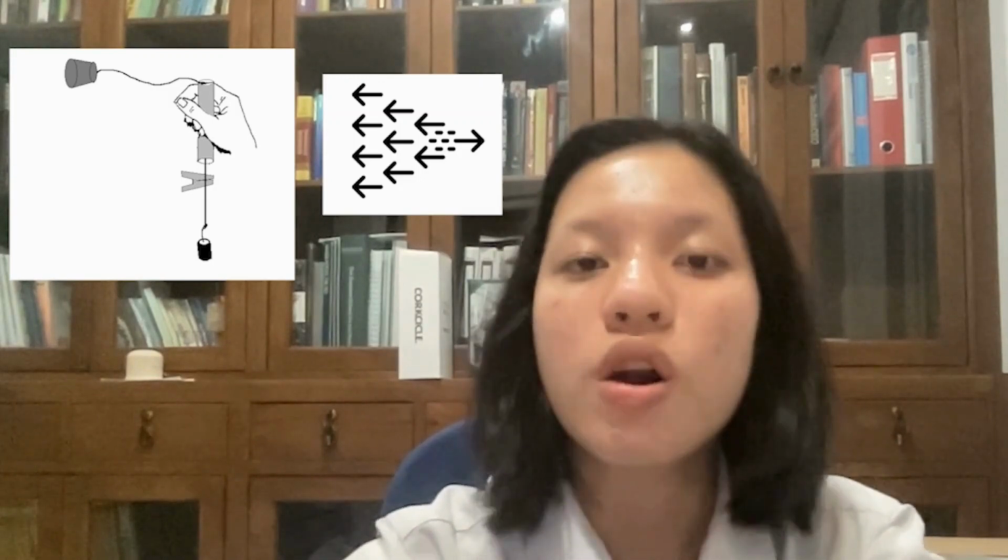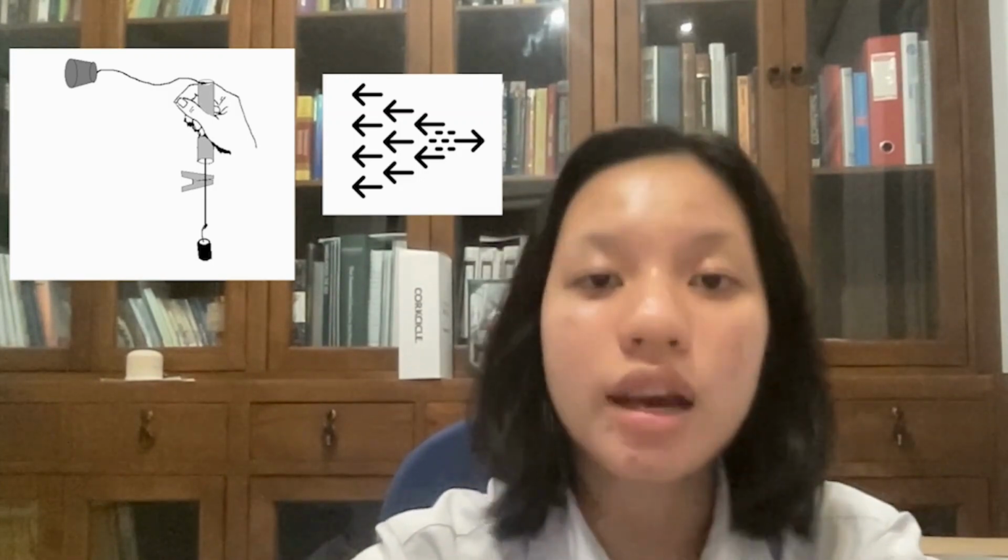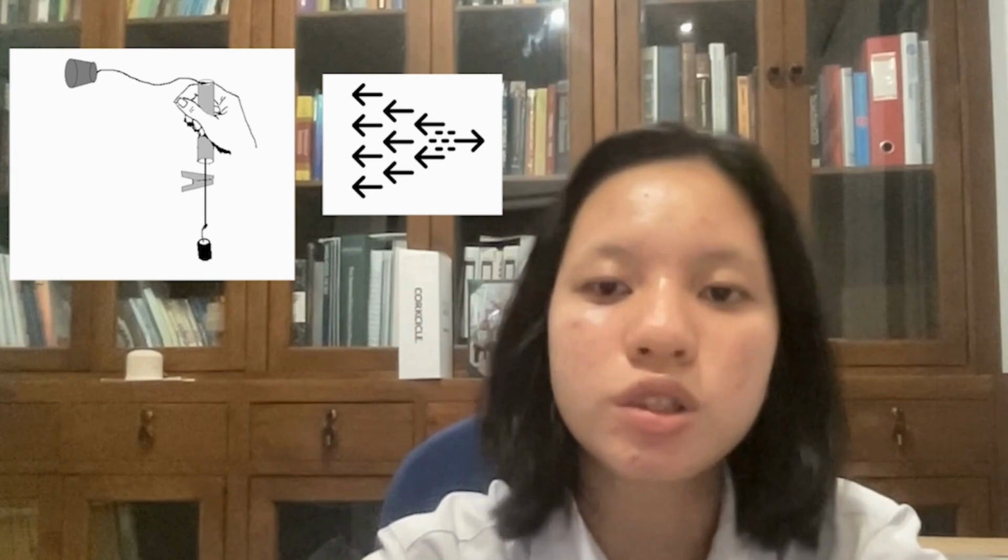Additionally, external influences such as air resistance or friction between the string and the edge of the glass tube might have disrupted the smoothness of the circular motion. Furthermore, inaccuracies in the measurement process such as imprecise timing or inconsistent counting of rotations could have affected the final result.